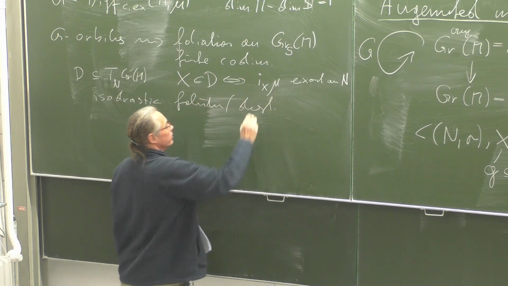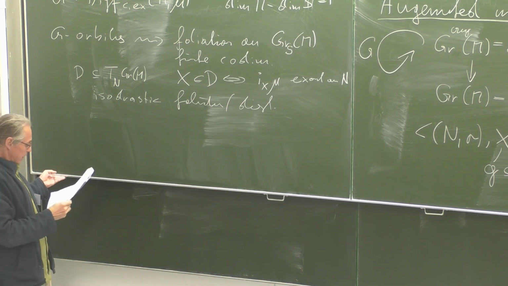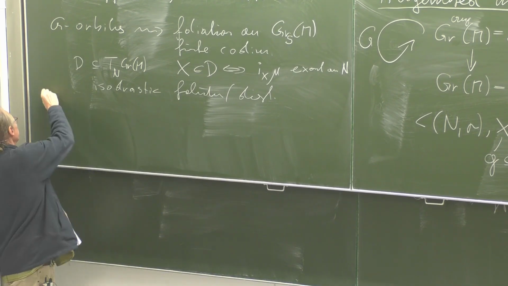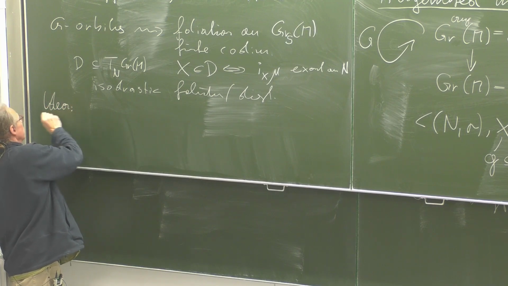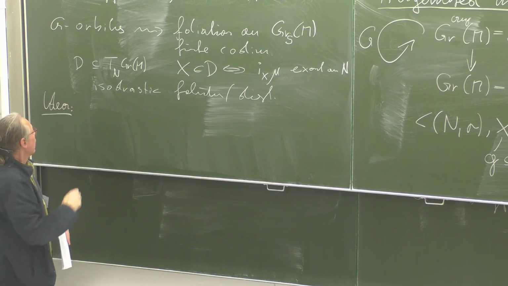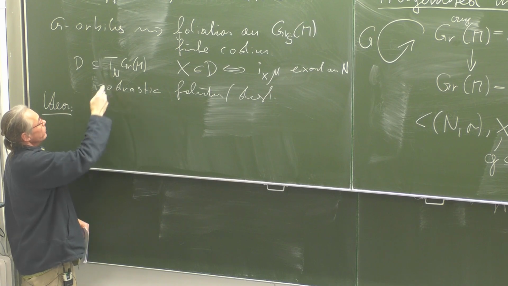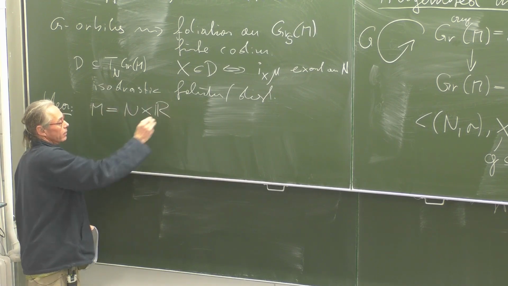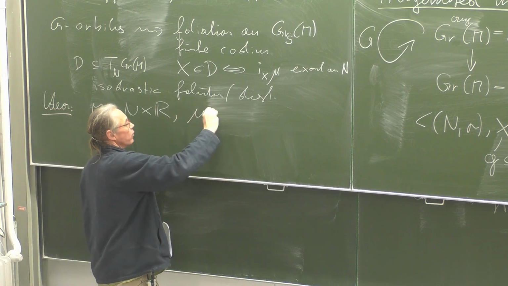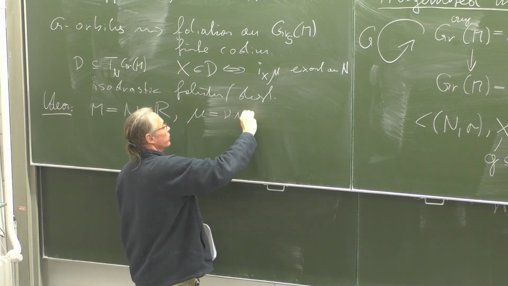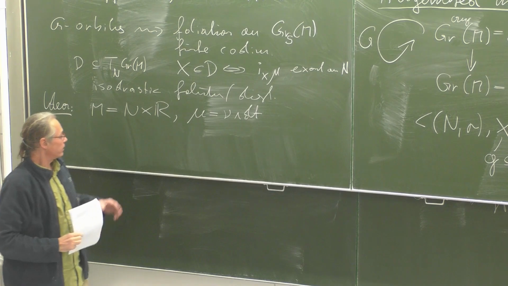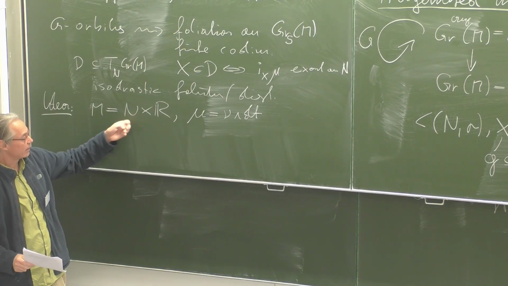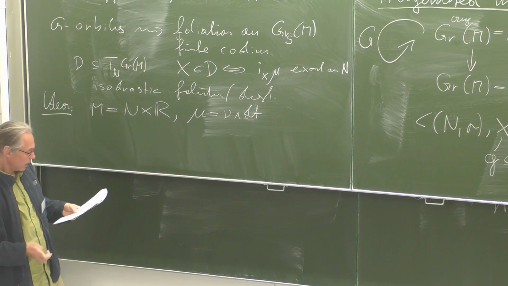Distribution. Maybe I can give an idea why this is the case. Locally, in the neighborhood of N, we may assume that M is of the form N cross R. And we may assume that the volume form is of the form nu dt, where dt is the volume form on R, and nu is the volume form on N, pulled back to the product.